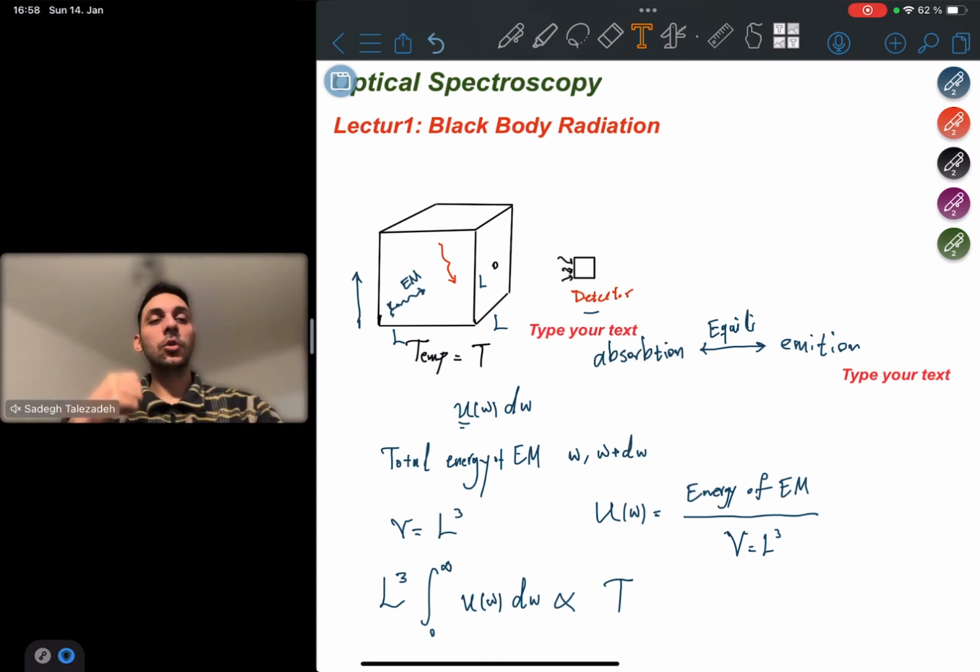So this absorption and emission are in equilibrium.